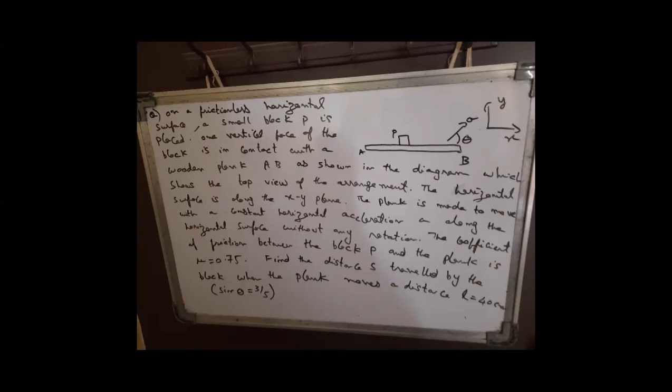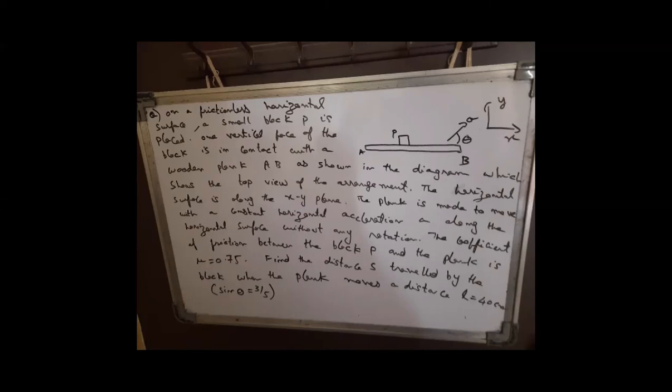One vertical face of the block is in contact with a wooden plank AB, as shown in the diagram, which shows the top view of the arrangement. The horizontal surface is along the XY plane. So the XY plane is basically parallel to the horizontal surface.